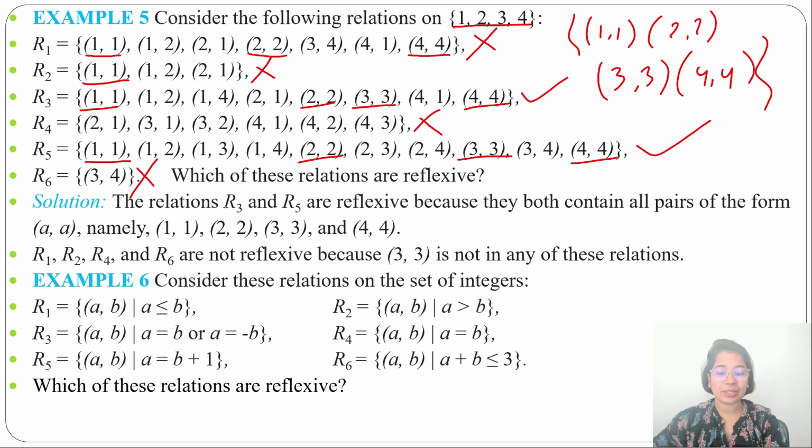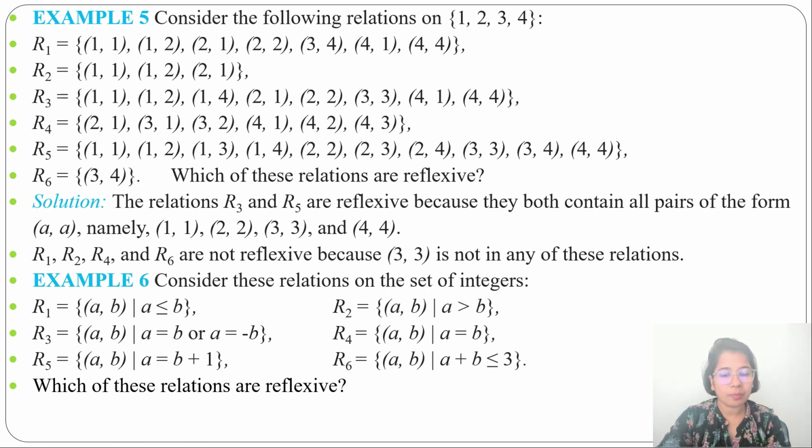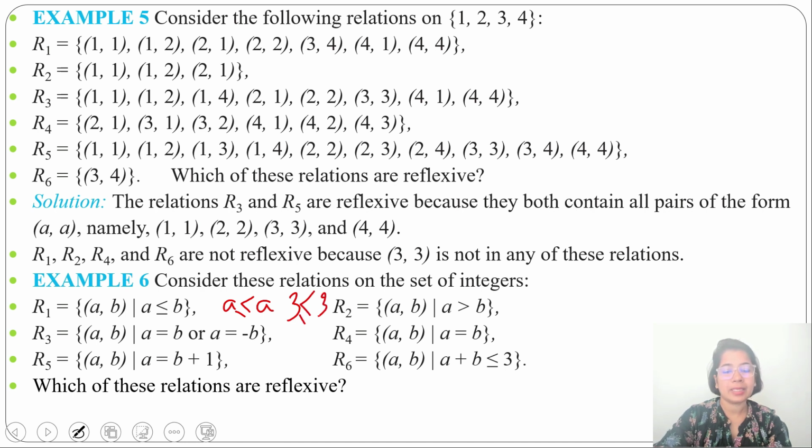Which of these relations are reflexive? It means which of these relations contain (a,a), that we need to check. Now R1, a less than or equal to b. So a can be less than or equal to a. 3 can be less than or equal to 3. Hence it is reflexive.